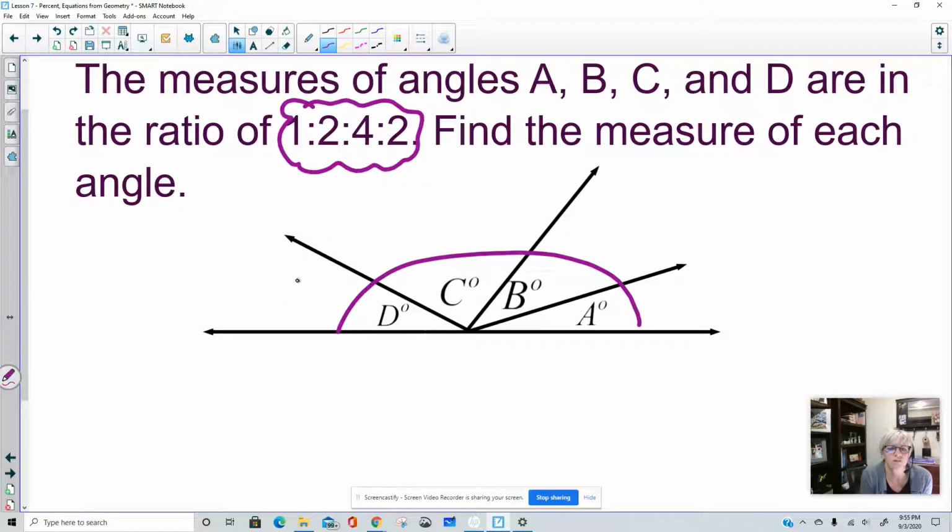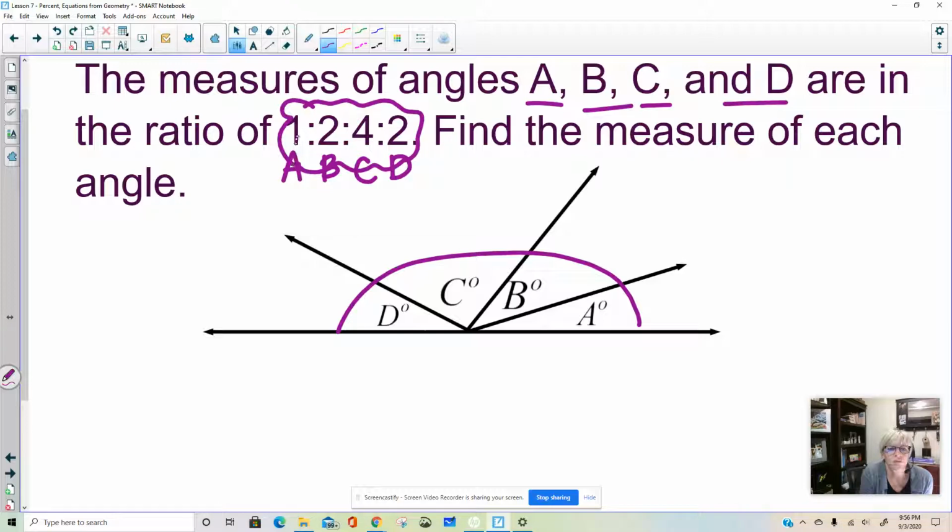So A is going to be 1, I'm going to call it 1x. B has two parts, so 2x. Angle C has four parts for 4x, and angle D has two parts.